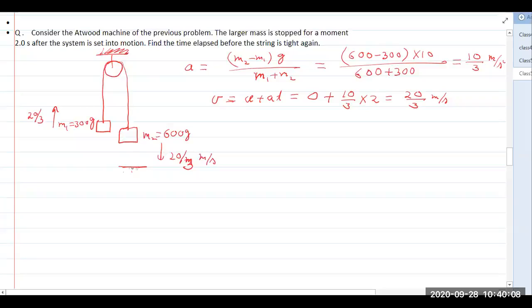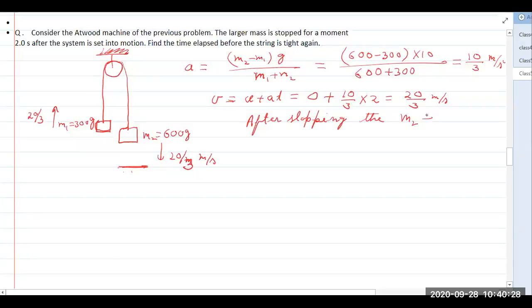Now this larger block is stopped. This one is stopped, so its velocity will suddenly be 0. But this object is not stopped, so this will keep on moving in the upward direction. After stopping M2, what has happened?